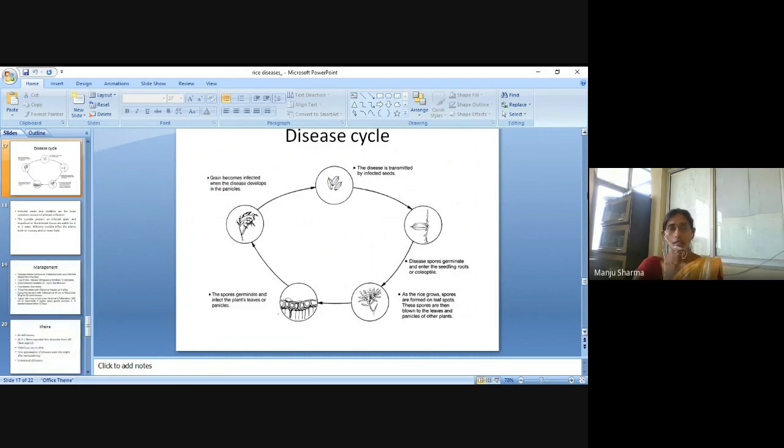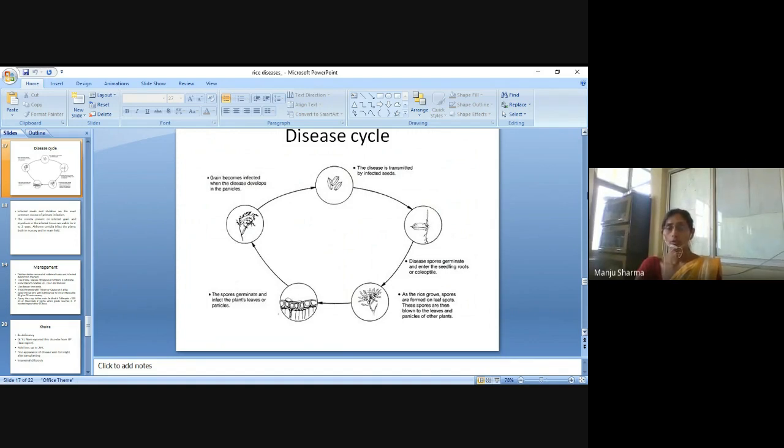Then the disease cycle. The disease is transmitted by infected seeds. After that, the disease spores germinate and enter the seedling roots or coleoptile. Then, as the rice grows, spores are formed on leaf spots.